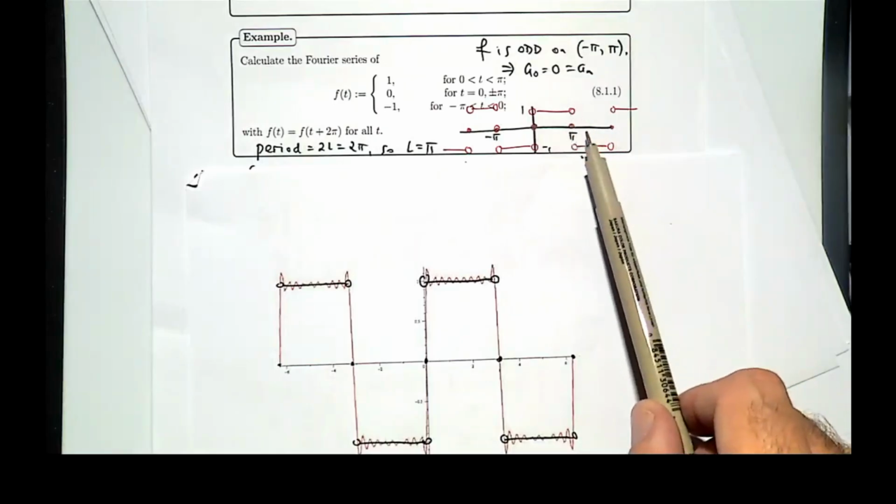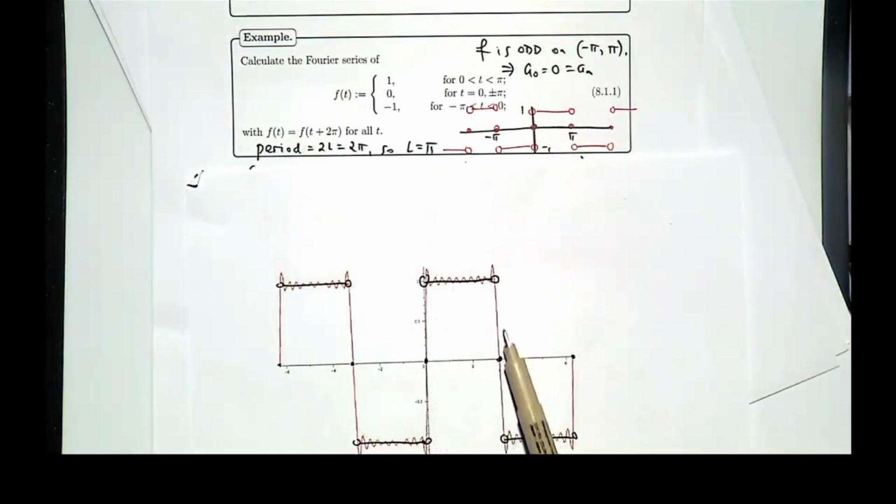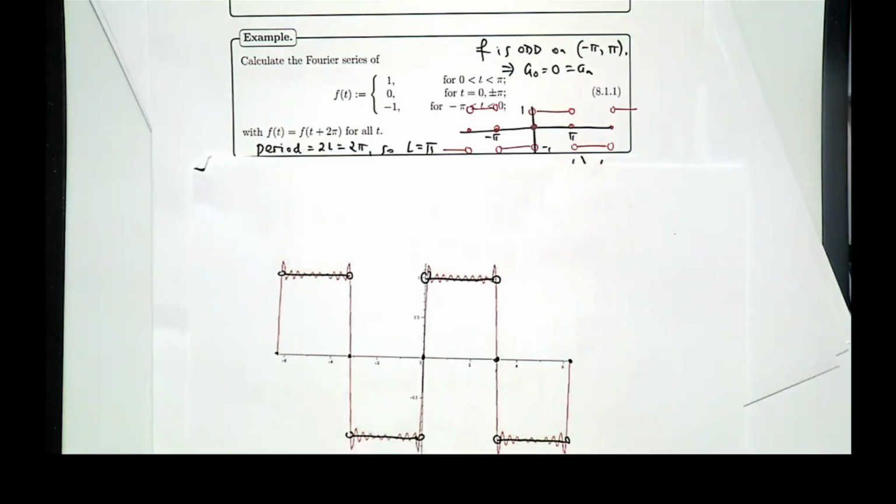You can see here, at x equals pi, the original function is 0. At x equals pi, the Fourier approximation is also 0. Okay? So at that point, it's exact. It's not approximating anything. It's exactly the value of the function. All right? What else can we talk about?